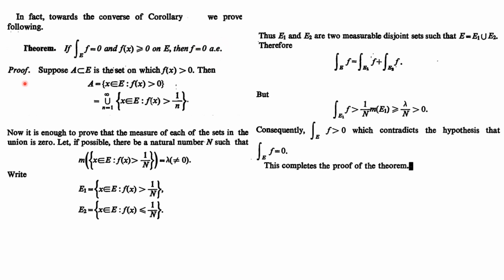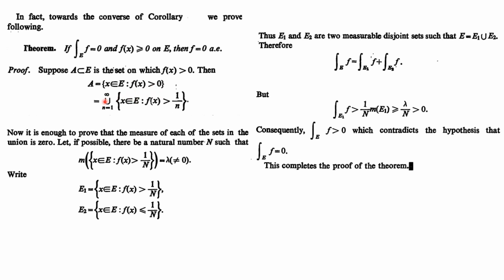To prove this, we first consider a set A, which is a subset of E, such that it contains all the points of E where f(x) is strictly greater than 0. There are two possibilities for the function: either the function is 0 or the function is strictly greater than 0. So we consider set A to be those points where the function is strictly greater than 0.